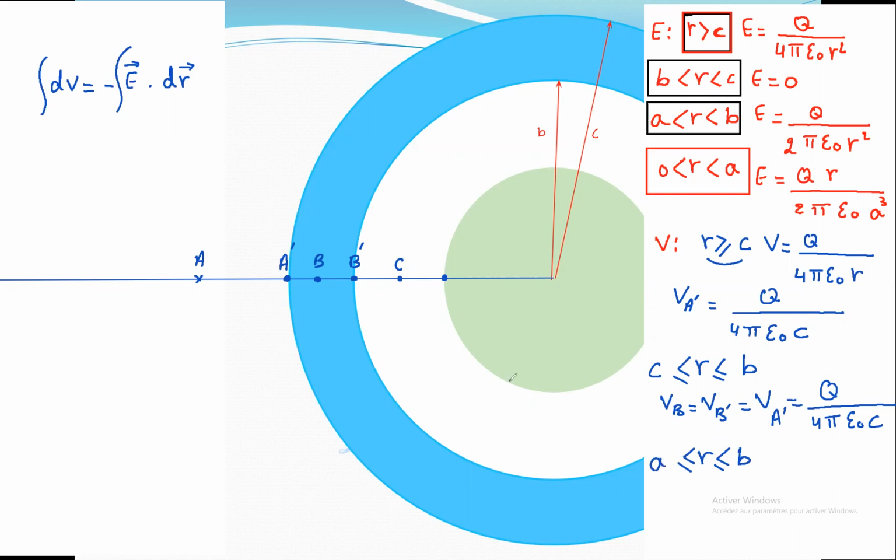At A, let's take a point C prime. At B we have point B prime, and here we have a point C. We have to choose two limits for the integral. Let's take between B prime and C, because I know already the value of VB prime. You know, here we have a positive charge.